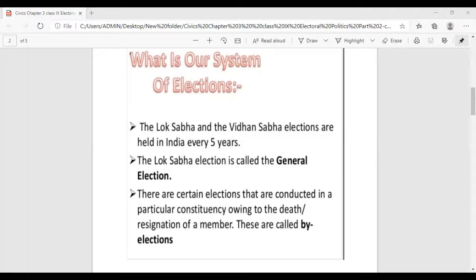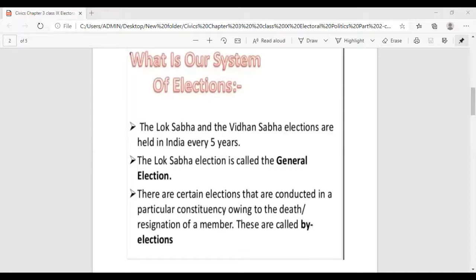In order to understand the entire system of elections, we will go through 5 simple steps. Step 1 is electoral constituencies. It means how we divide the country or state into smaller regions to ensure an organized election system. The second step is candidates' nomination from each constituency.